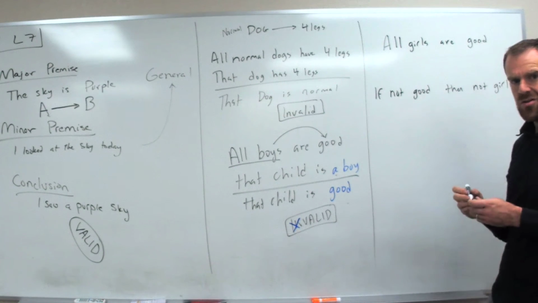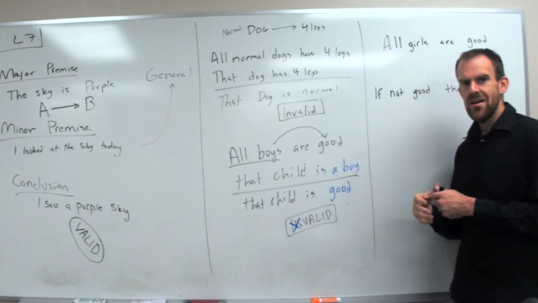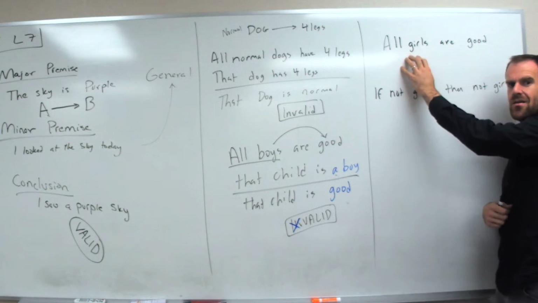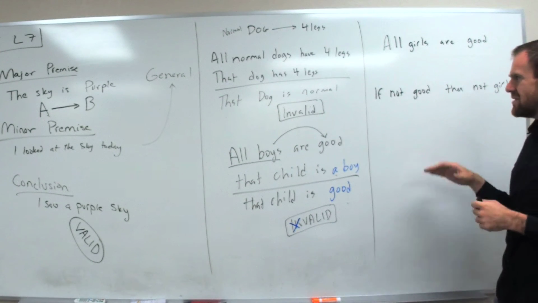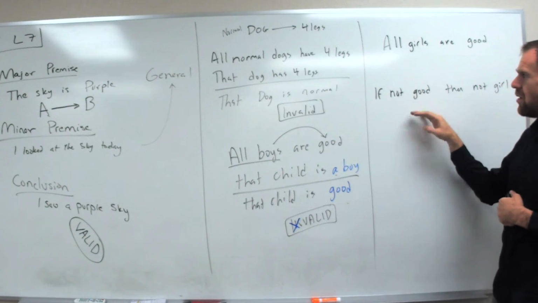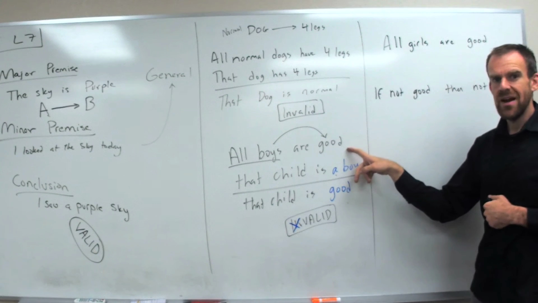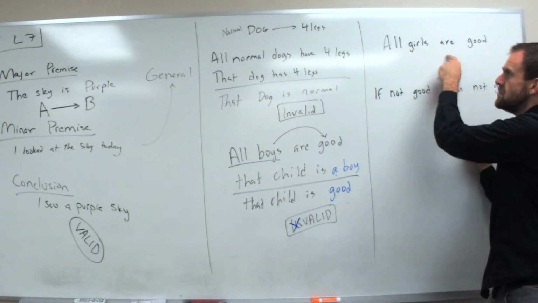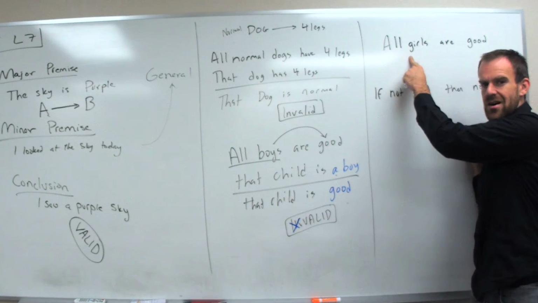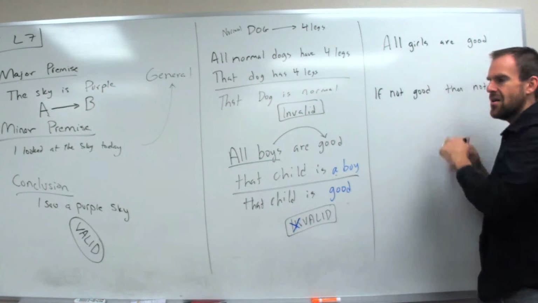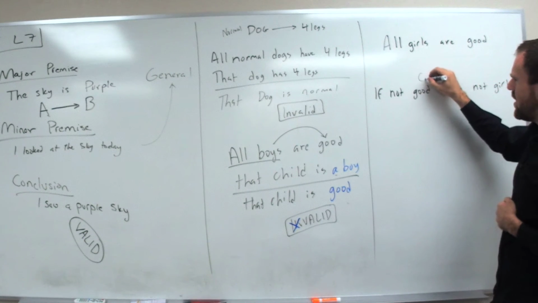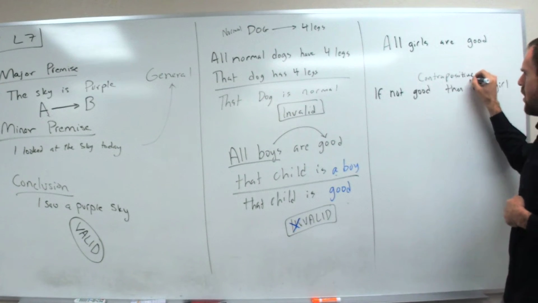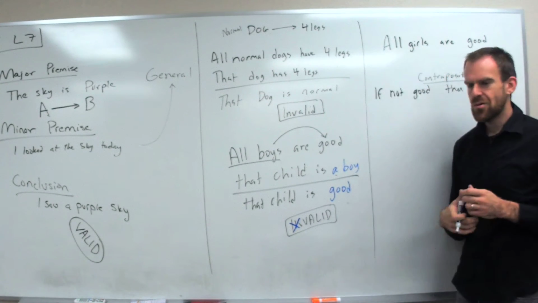So since all girls are good, then if you're not good, then you are not a girl. That does work because I'm excluding all of the result, right? If you are not good at all, then you're not a girl because all girls are good. This is called the contrapositive. And these two are logically equivalent.